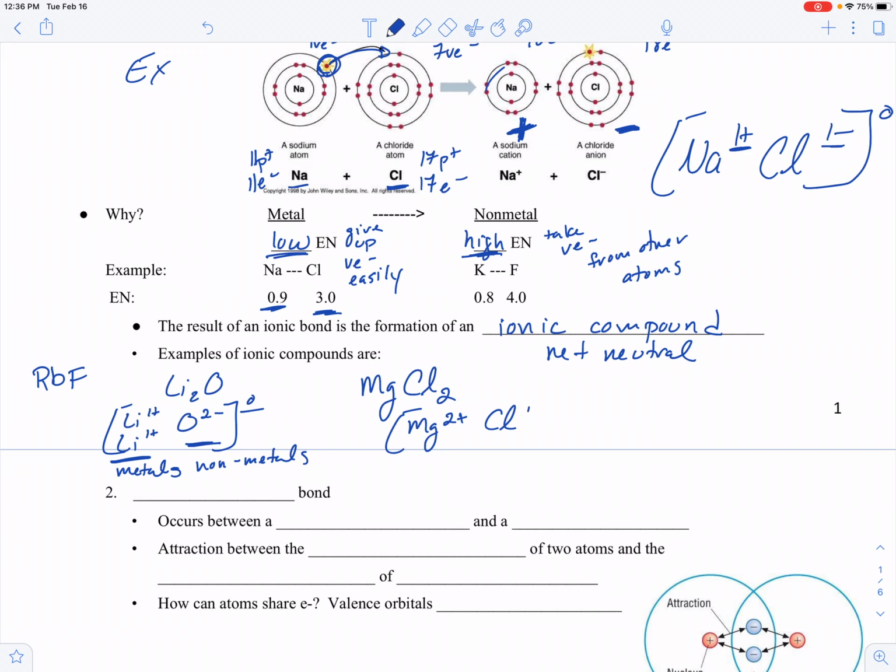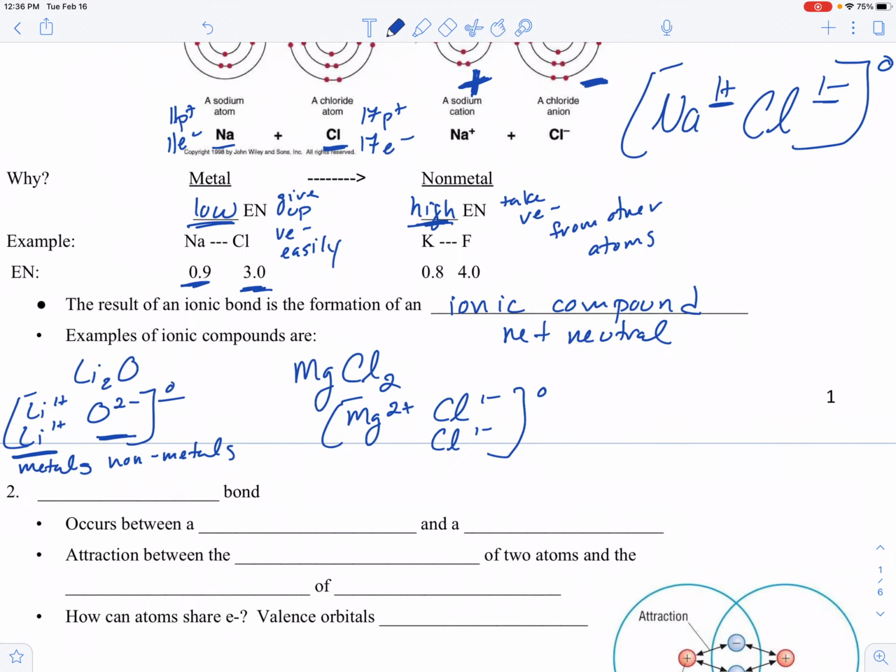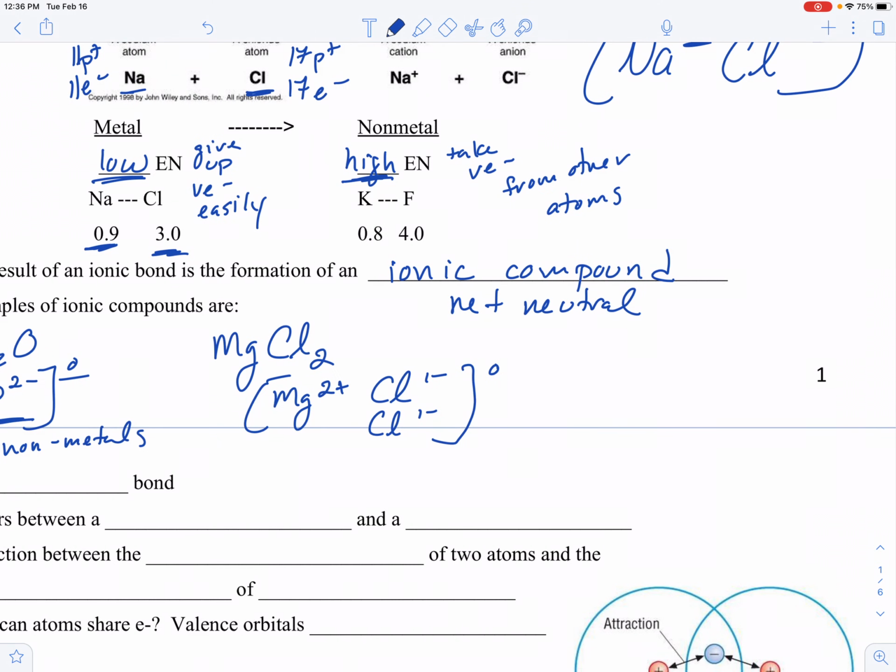Chloride ions form a 1- ion, so you're actually going to need two of them to eventually form your net neutral compound. And if you want to look at this more like the sodium and chloride example, magnesium has 2 valence electrons, whereas each chlorine had 7 valence electrons. These little dots are electrons. We'll talk more about the dots later.